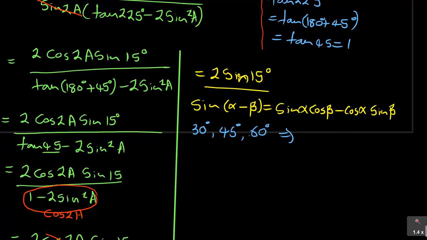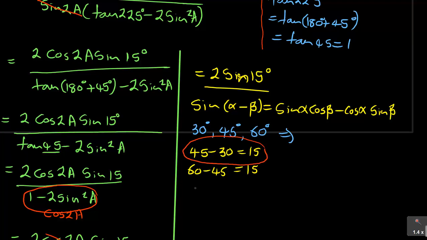So now how can I get 15 by subtracting? For example, I can say 45 minus 30, it gives me 15. Or I can say 60 minus 45, it gives me 15. Whichever one you choose, the answer will still be the same. So let's say I want to choose that one.